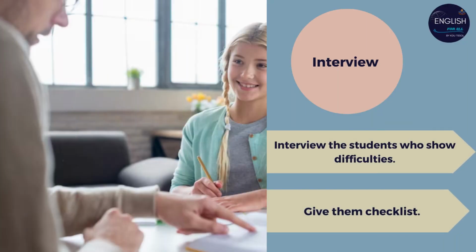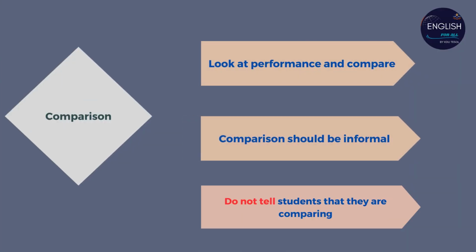Next, interviewing. Interviewing is another technique to identify learners' difficulties. First, we can give a checklist to learners and ask them to mark their difficulties and keep records. After recognizing their difficulties, we can interview them individually and gather information. Comparison.